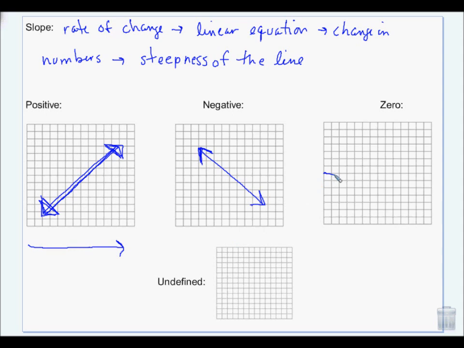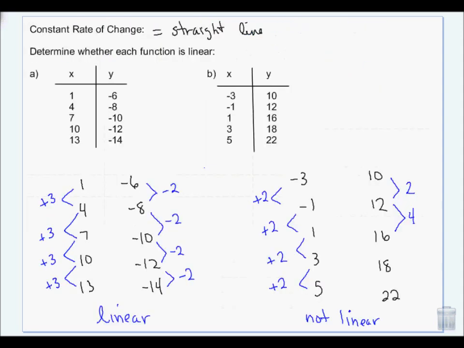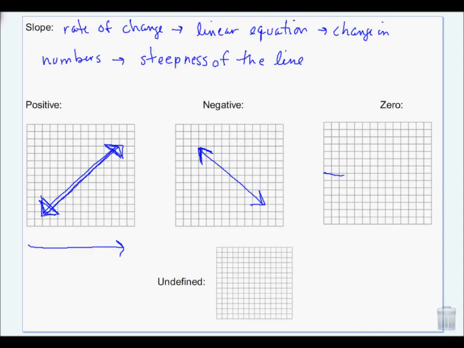A zero slope is going to be, I can't draw this very well, completely flat. Okay, and an undefined slope is going to be completely straight up and down. So positive moves up, negative moves down, zero is completely flat, and undefined is straight up and down.